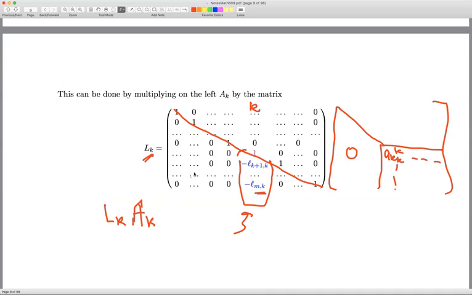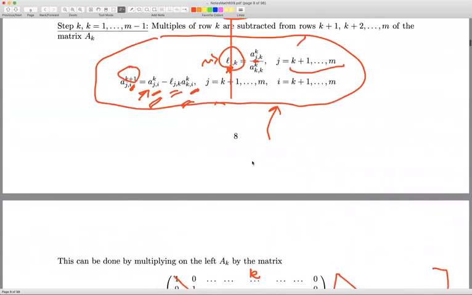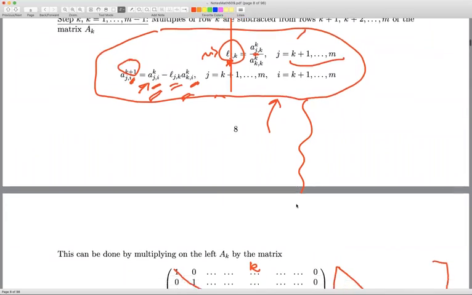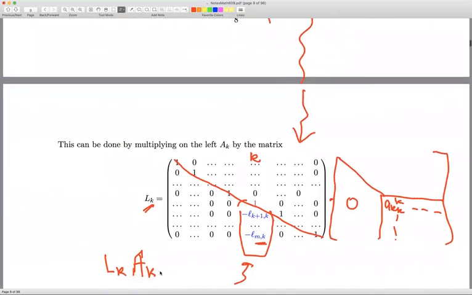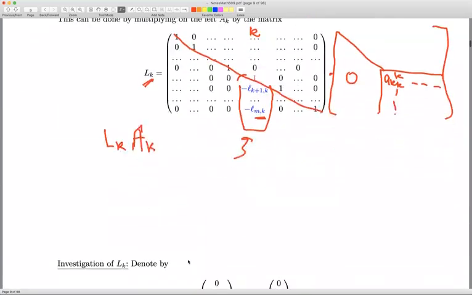And using the rules for multiplying two matrices, once you write down carefully what this multiplication is, you will find out that this operation here is the same as multiplying the matrix AK on the left by the matrices LK.